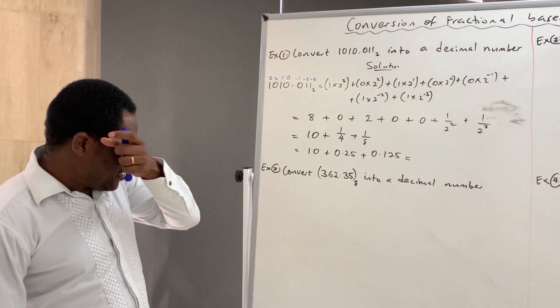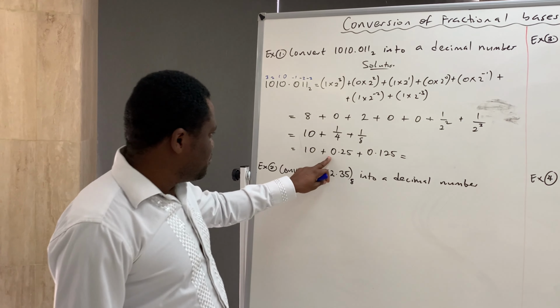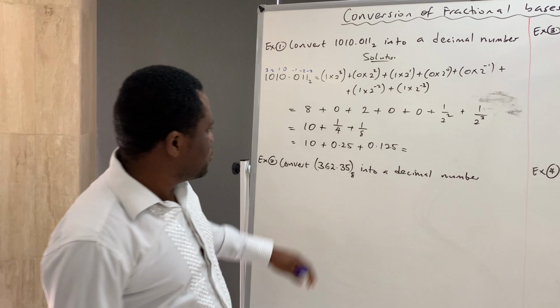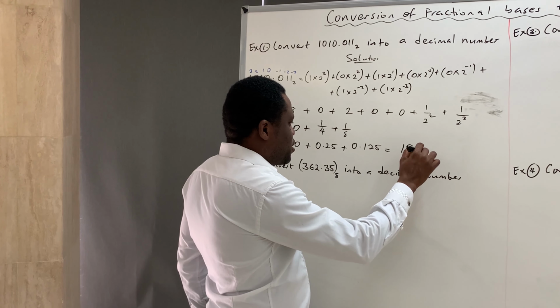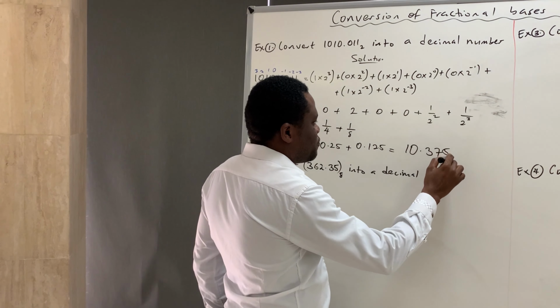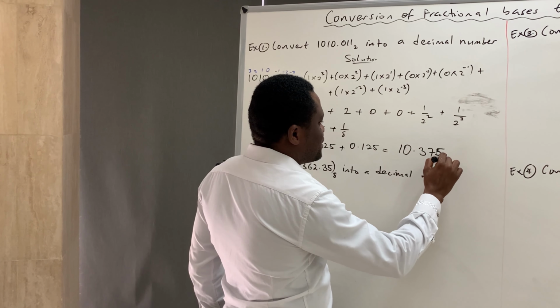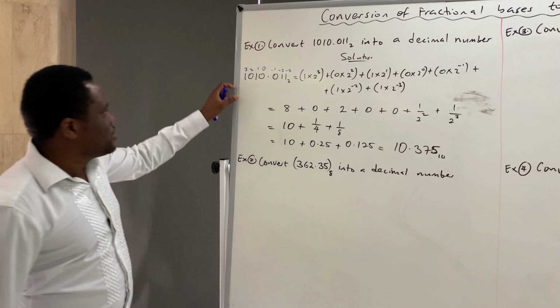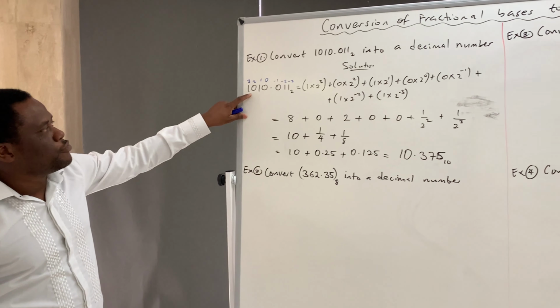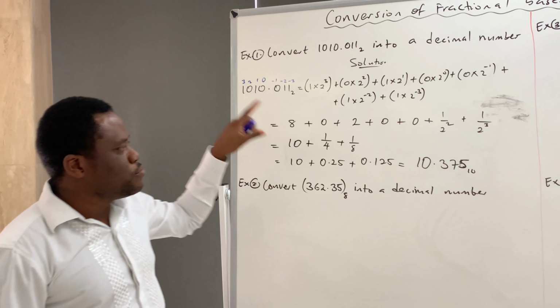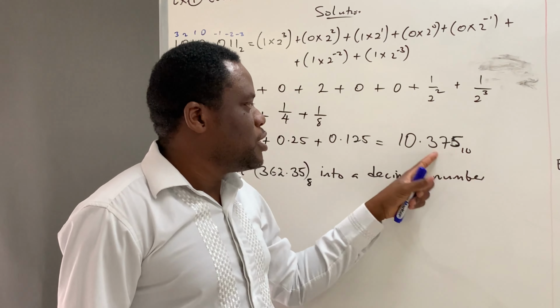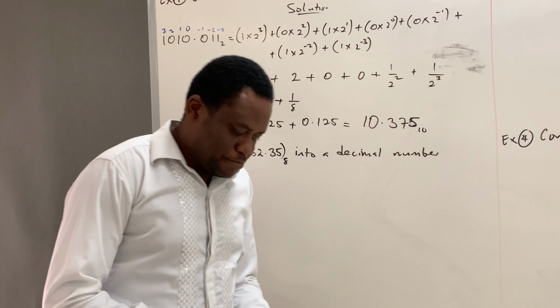Sum everything together. This is 10.375. So we have 10.375 in base 10, which means the equivalent of this in base 2 is the same as this in base 10.